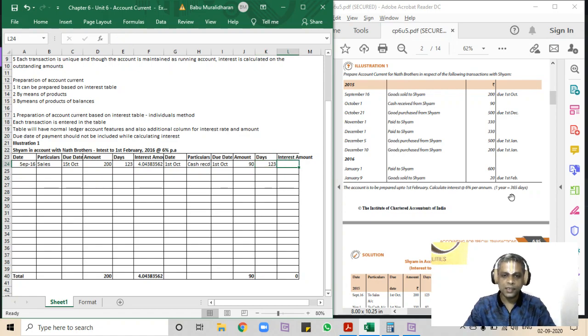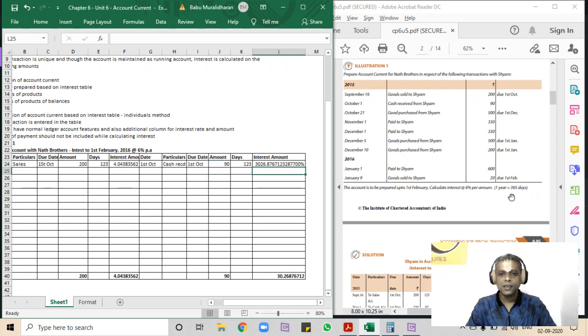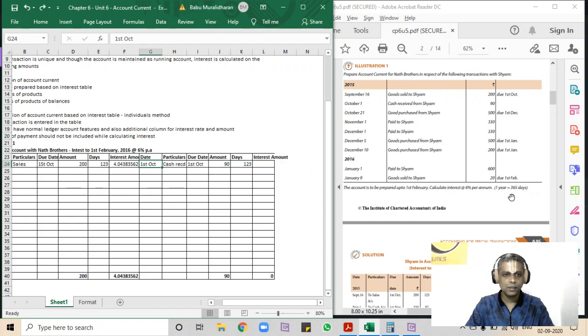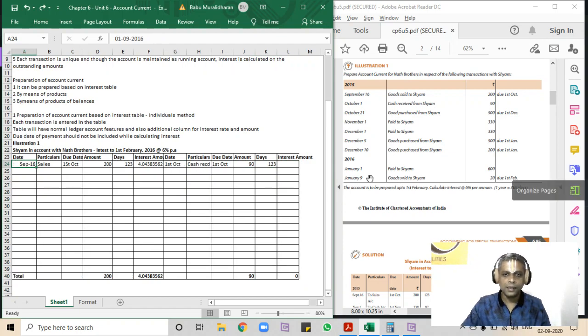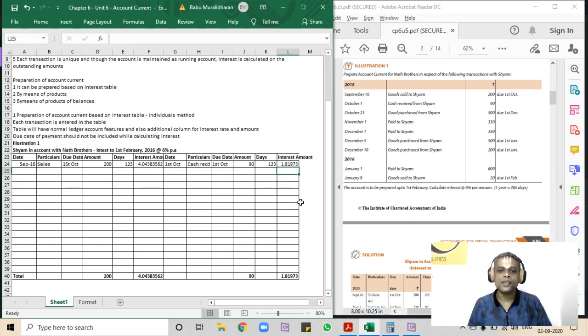And what is the interest? 90 into 123 divided by 365 into 6%. Amount is 1 rupee and 82 pies is the interest.